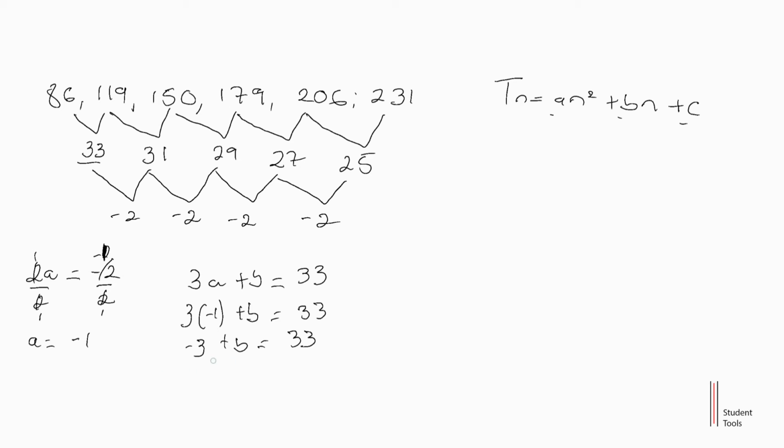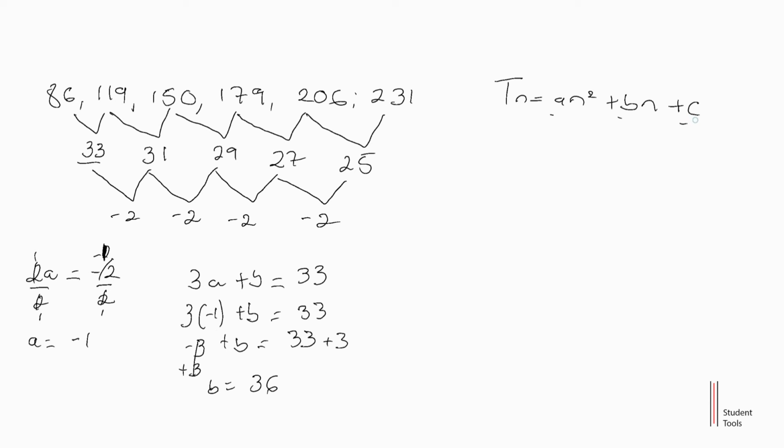So now we have to make B the subject of the formula. To make B the subject of the formula, we have to take negative 3 from the left hand side to the right hand side. So we will do that by adding 3 because it's negative, and also add 3 on the right hand side. This will cancel, and then B will be equal to 36.